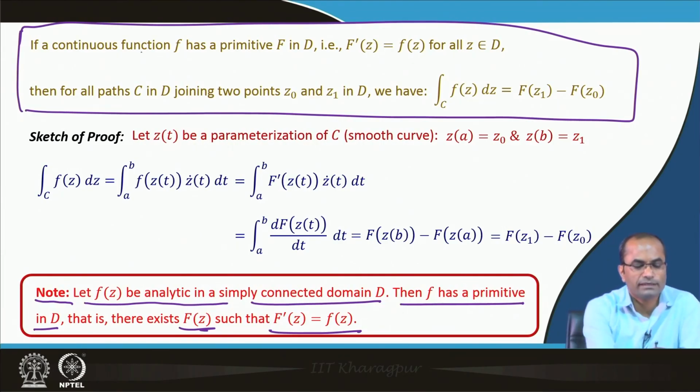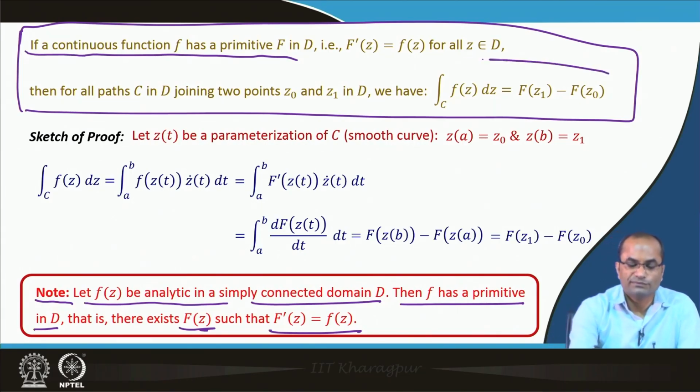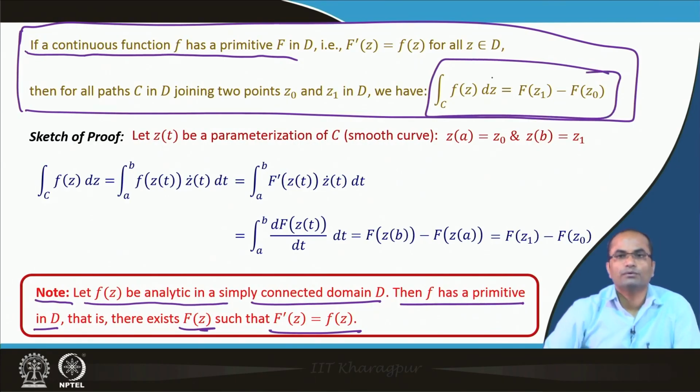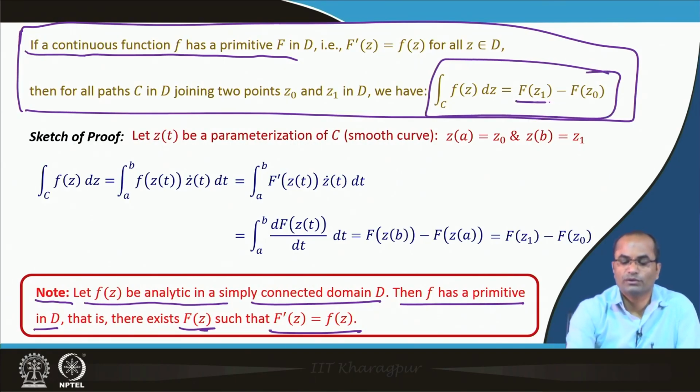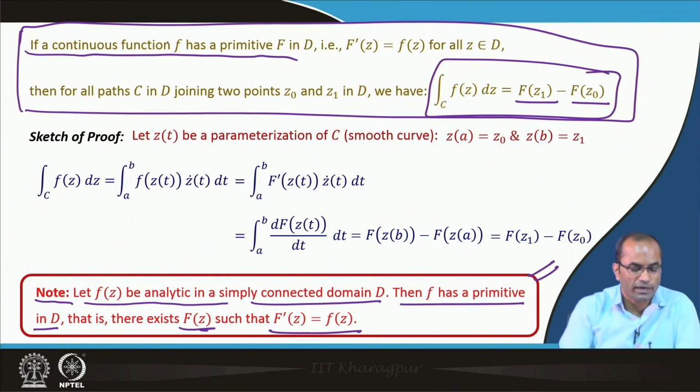So, instead of saying that f is continuous and has a primitive, we can say that if f(z) is analytic in a simply connected domain D, then the formula which we have discussed above, that the value depends only on the initial and the final point, is also valid. So, not only does the function have to be continuous with a primitive; those conditions are not explicitly required.